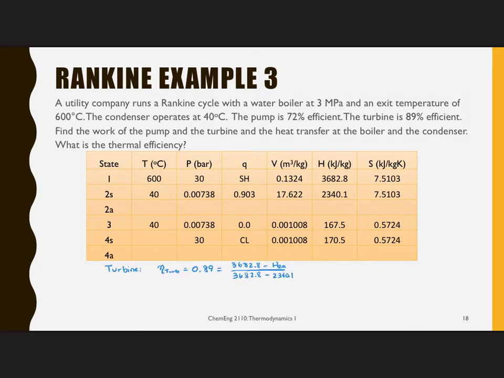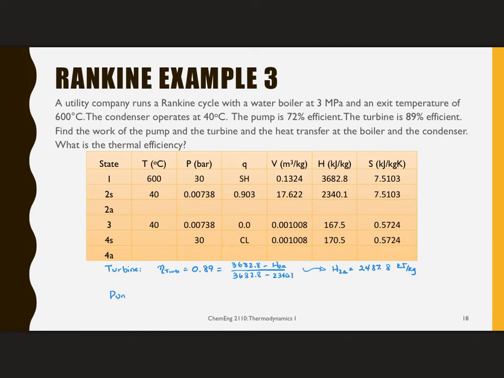For a turbine, the efficiency is the delta H for the actual divided by delta H for the ideal. I know that the value of the efficiency is 0.89. I know delta H for the ideal, and I know the inlet enthalpy for the actual, same as the ideal. And so therefore I can use this equation to solve for H2 actual, which is 2487.8 kilojoules per kilogram.